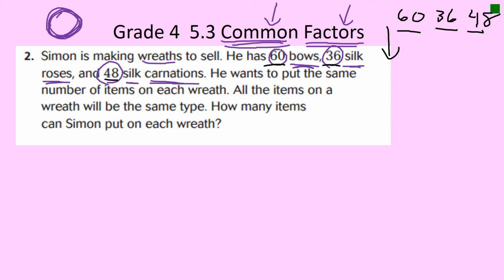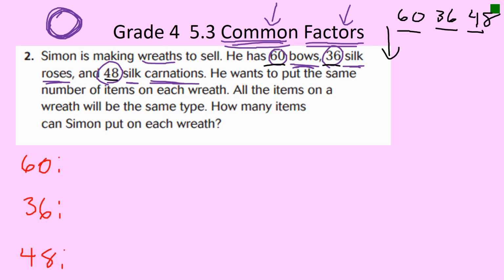That's fine if you want to do that, but just because of the space that I have on here, I'm going to list them across. 60, 36, and 48. Okay. 60 has a lot of factors, boys and girls. That's going to be a whopper.